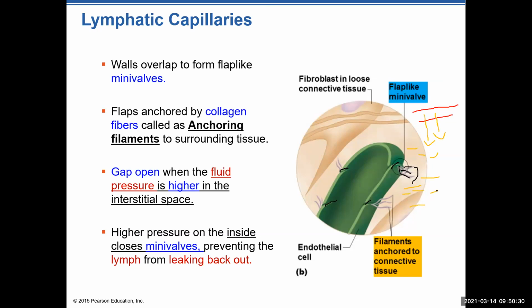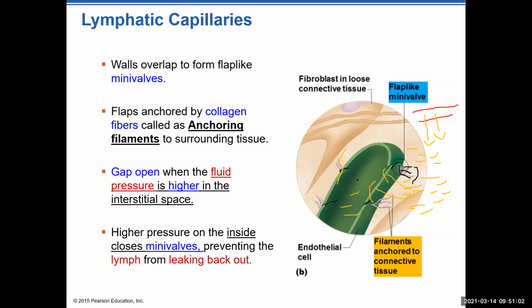Look at this. As there is a lot of plasma here, it puts pressure on these thread-like attachments. They put pressure on these filaments and they open. As these filaments open, it opens the valve and fluid moves into the lymphatic capillaries.